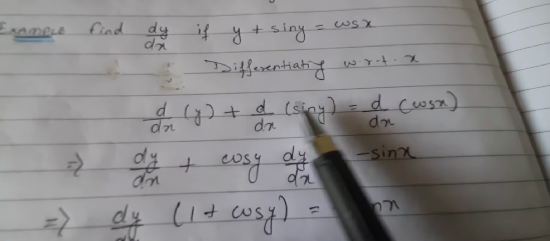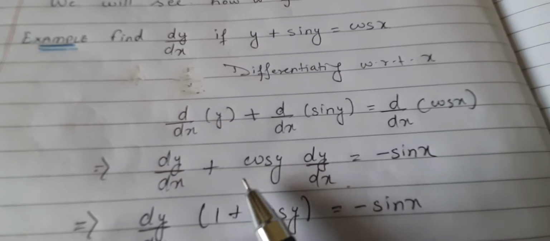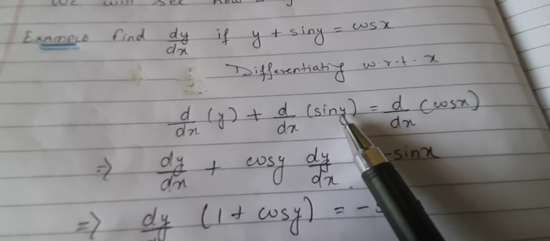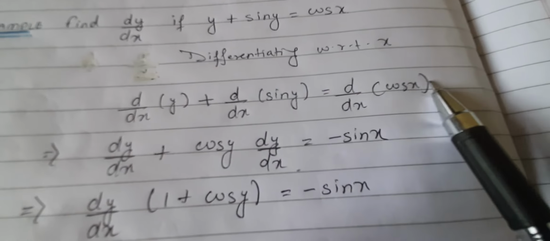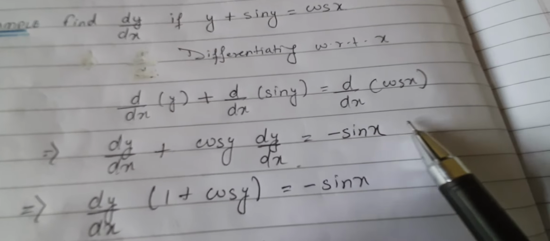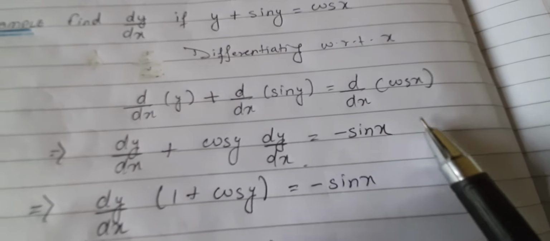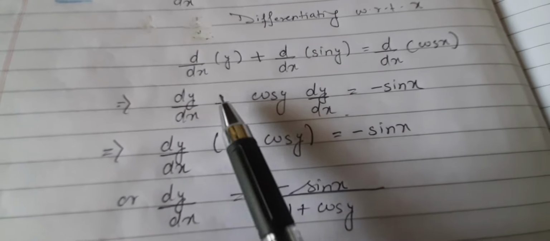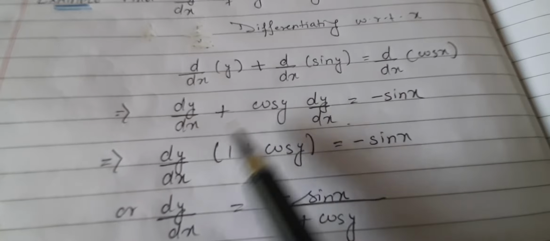And here we'll use first the chain rule. First derivative of sine y is cos y, and then derivative of y again, dy by dx. And here it is already a function of x, so derivative of cos x is minus sin x. dx by dx would be 1, so I need not write it. So now we will collect the coefficients of dy by dx. Dy by dx we'll write outside, this is common.